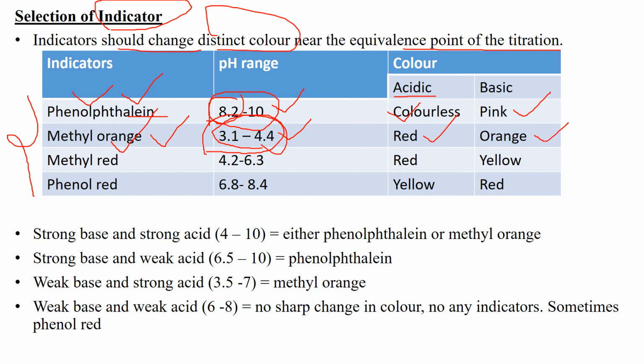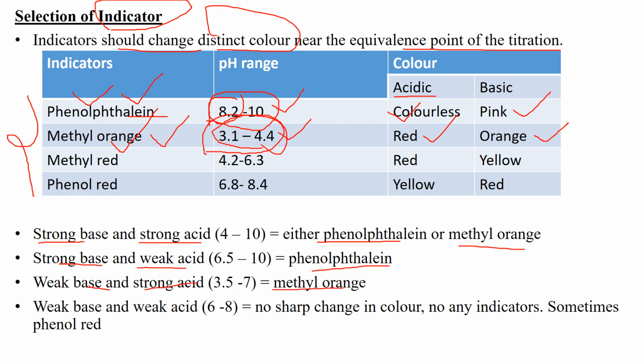During titration, if a strong base and strong acid are used, then we can select either phenolphthalein or methyl orange as the indicator. In the case of a strong base and weak acid, phenolphthalein is used as the indicator. With a weak base and strong acid, methyl orange should be selected as the indicator.